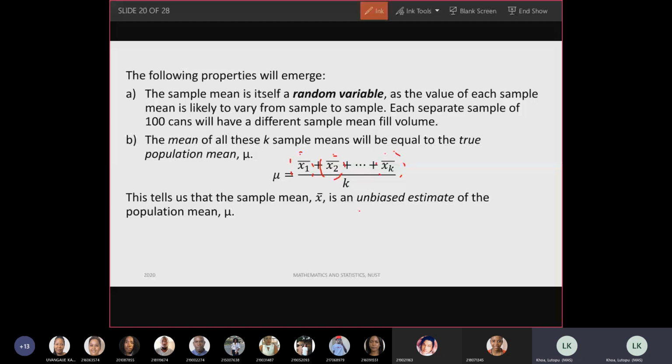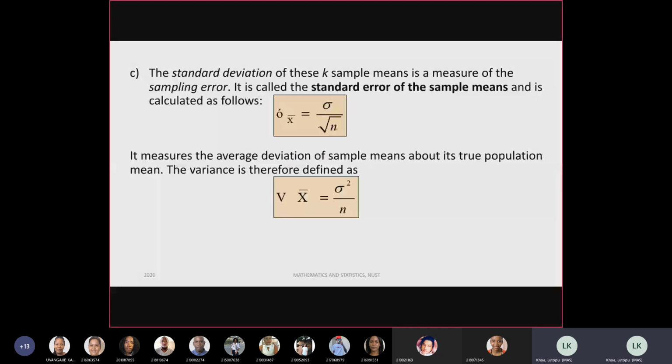So here, what I just want to do is actually justify why we say that a sample mean is a good estimate of the population mean. Most of the time, in a test or an exam, we will not be justifying why you're using the sample mean.